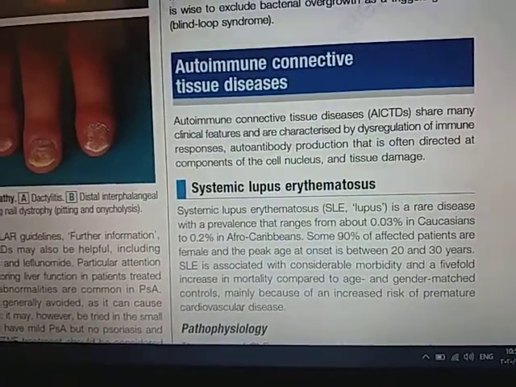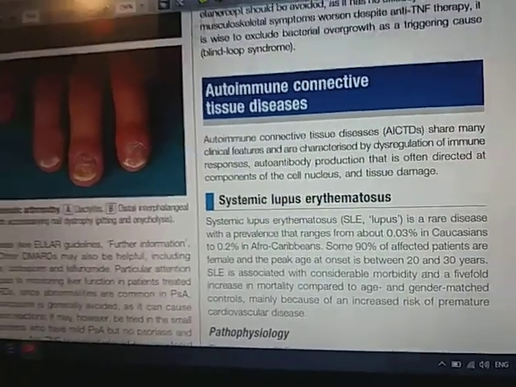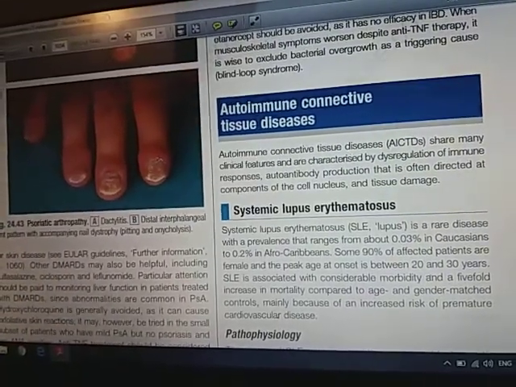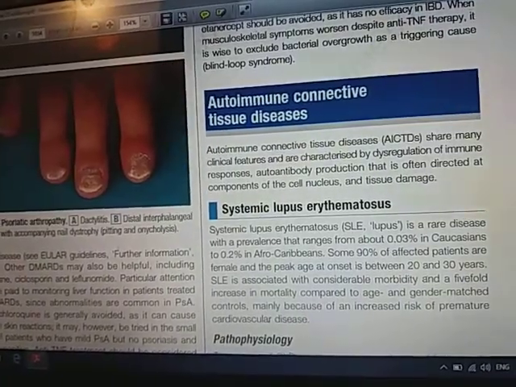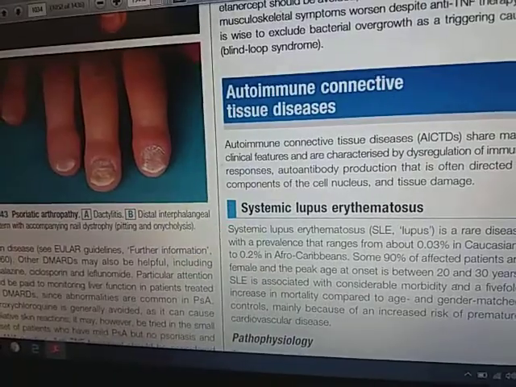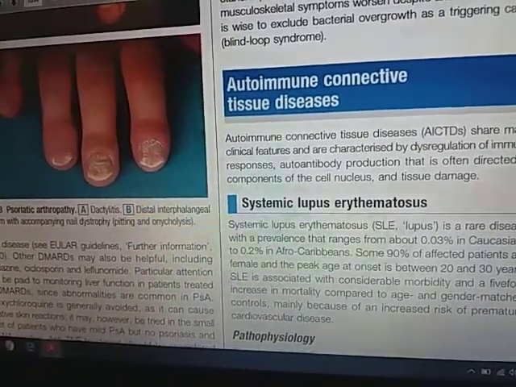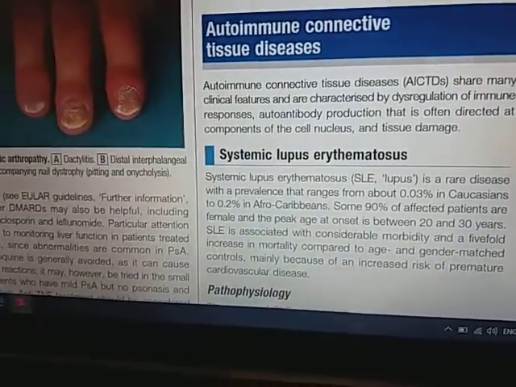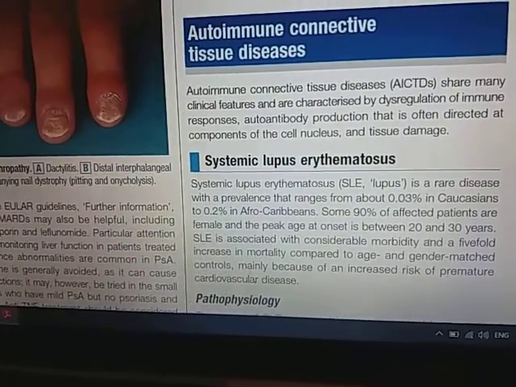It is one of the causes of inflammatory arthropathies. So here we have an increase in the EMS, early morning stiffness. We have arthralgia, seen in more than 90% of SLE patients. Tenosynovitis, non-erosive arthritis.